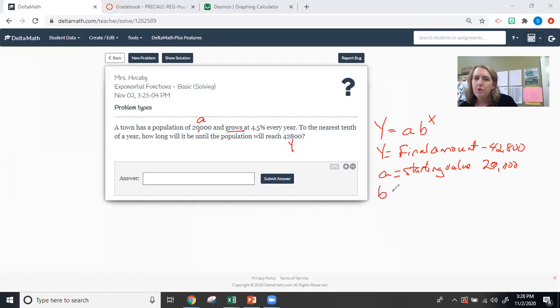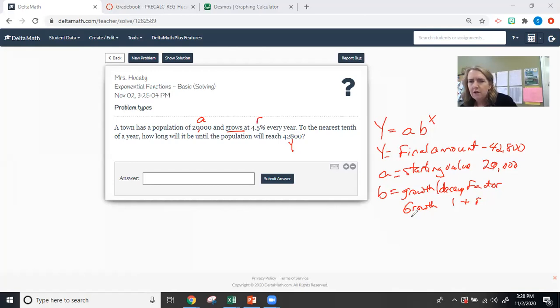Your b, that was a little tricky, is your growth or decay factor. So basically, if it is growth, it's going to be 1 plus your r. This is our r right here.